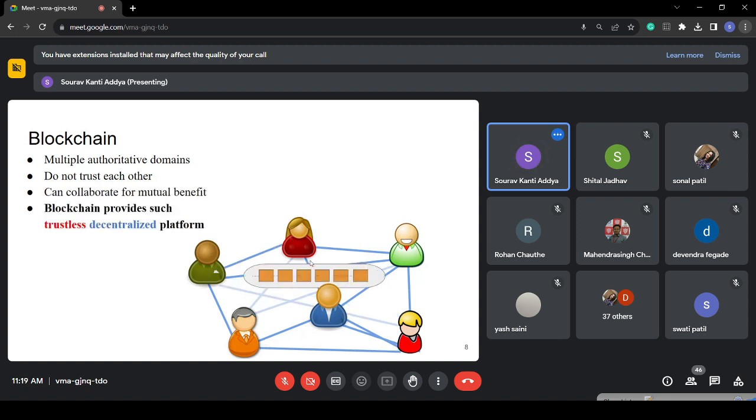So we need some solution for this particular authoritative domain where there is no trust, but they want to collaborate. And the solution is this one. Blockchain can give this solution, and the solution is a trustless, decentralized platform.